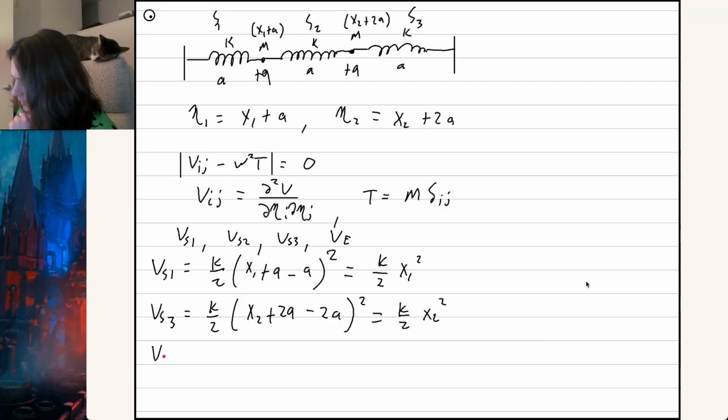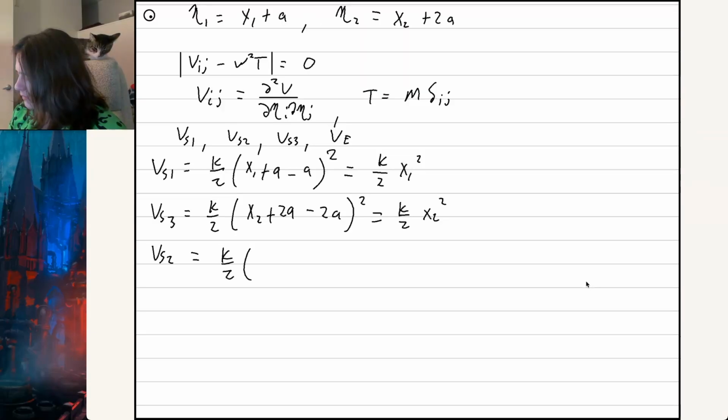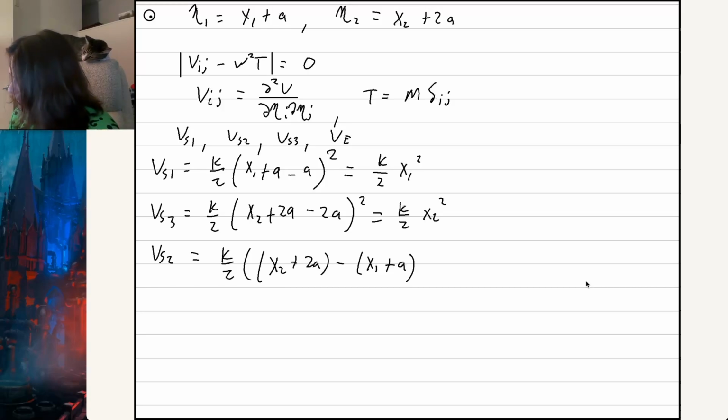The one in the middle is going to be k over 2 on the inside. Both sides of this spring are allowed to oscillate, so the position is considering both sides, so it's the 2a side minus the 1a side minus the equilibrium positions of both.